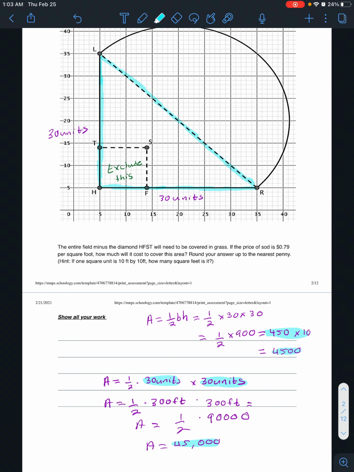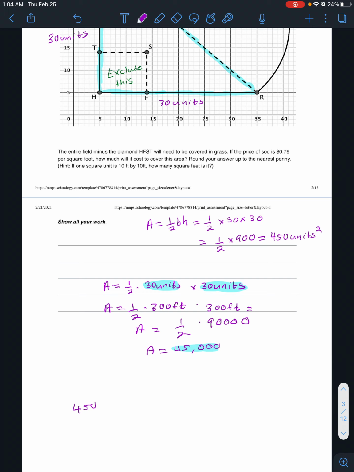The mistake that was made in this problem had to do with the labeling. Because if you think about this 450 real quick, I'm going to erase this. I'm going to write 450 again. You should have written 450 square units. And if you were going to convert 450 square units into square feet, you need to say 10 feet over 1 unit times 10 feet over 1 unit.